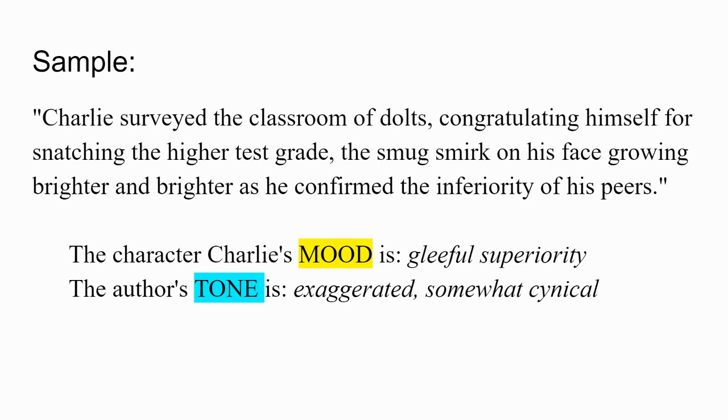Charlie, the subject of our sentence, is gleeful. He has a sense of superiority about him. You can hear he's pretty happy about this. The tone, however, that's created is very cynical, almost sarcastic. It's exaggerated. Think about the word choice the author uses here: smug, inferiority. Those are important because they're helping the author to deliver that tone.